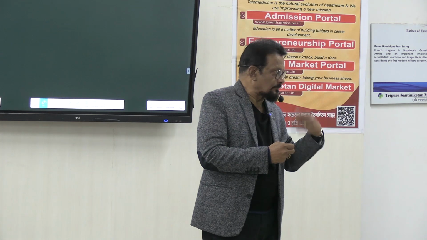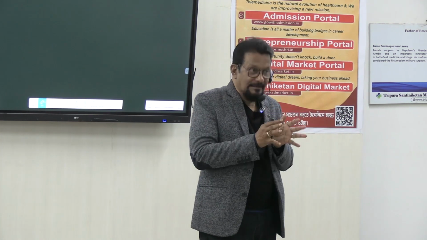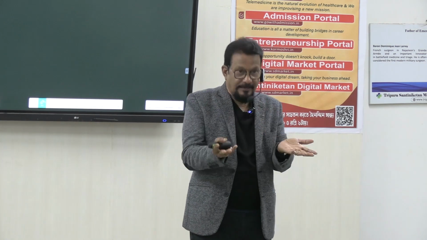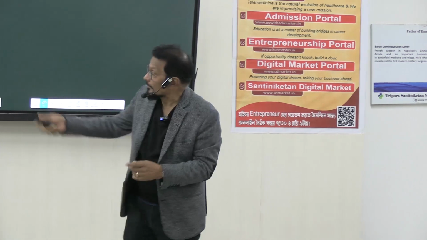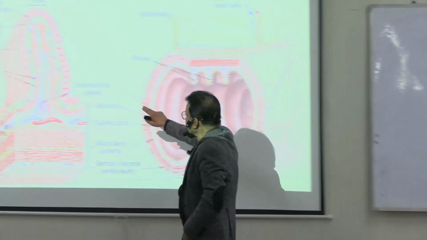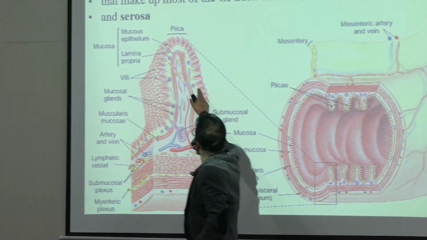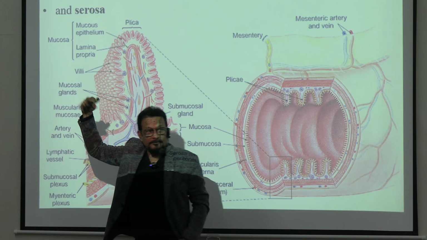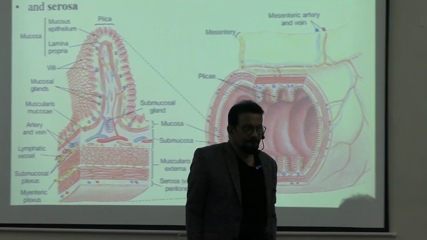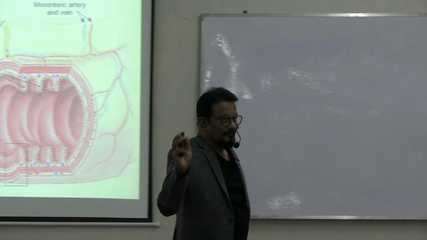They will not be permanently there. Gradually they will be shed off and new cells will be coming from these sides. So gradually they are moving. When they come here, they will shed off. Clear? Okay.